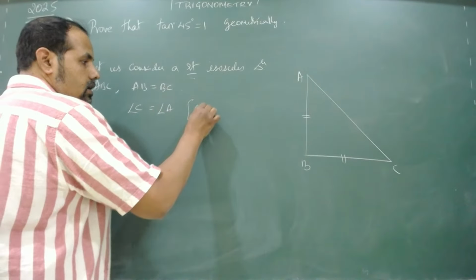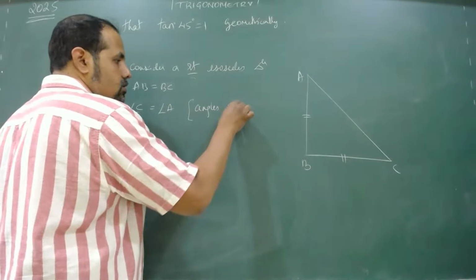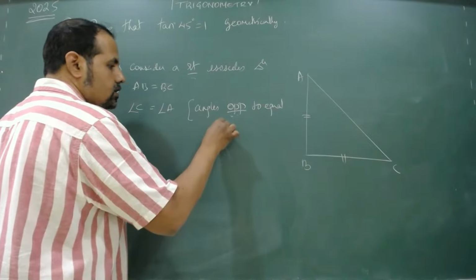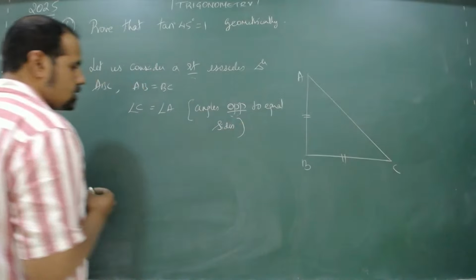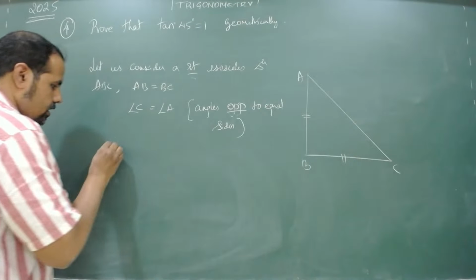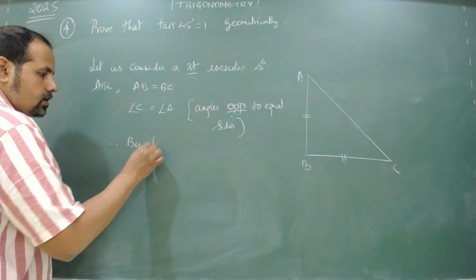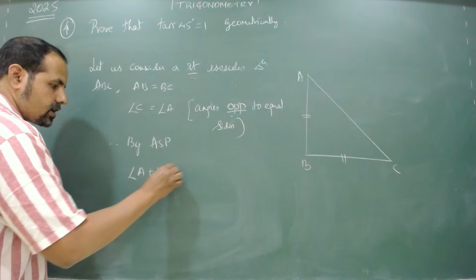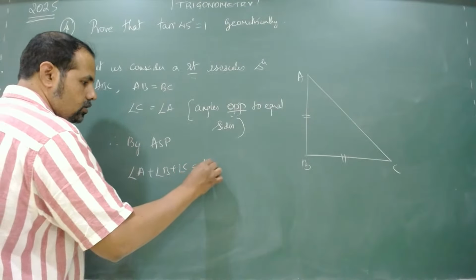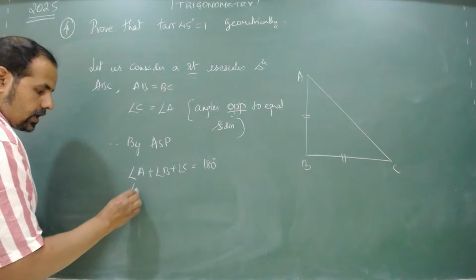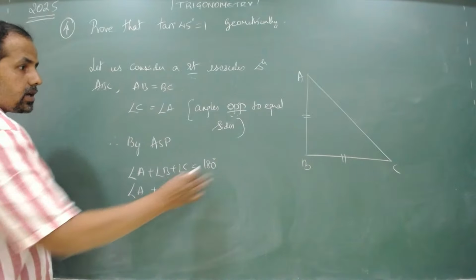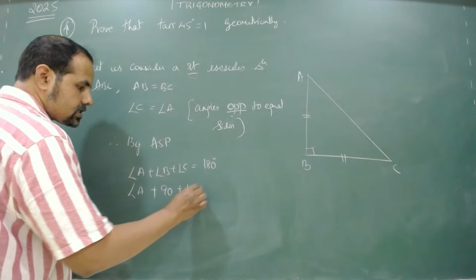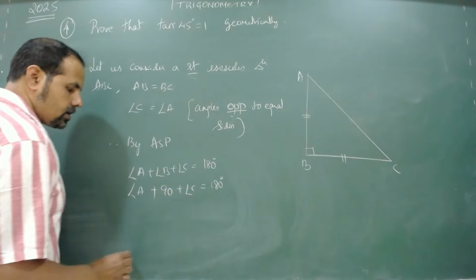Reason: angles opposite to equal sides are equal. Therefore, by angle sum property, angle A plus angle B plus angle C is equal to 180. Angle B is 90 degrees, so 90 plus angle A plus angle C is equal to 180.